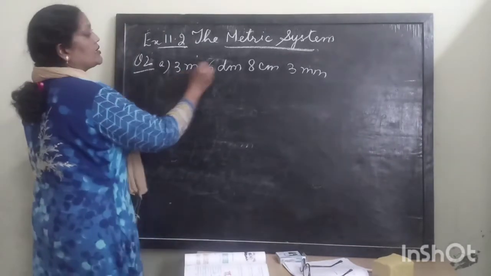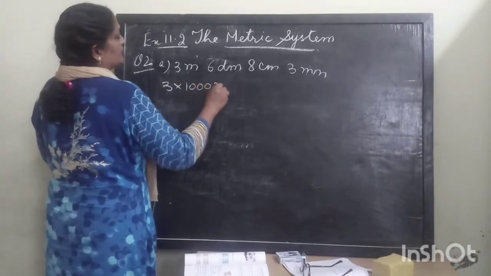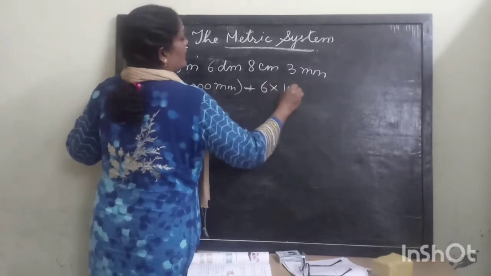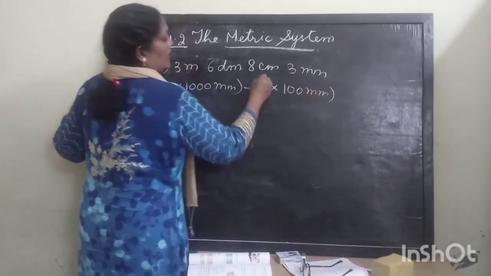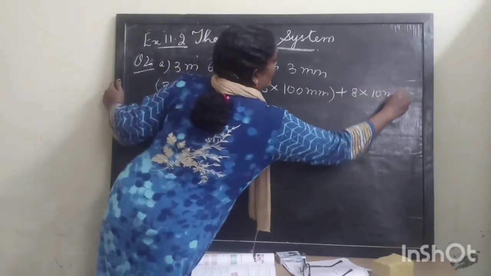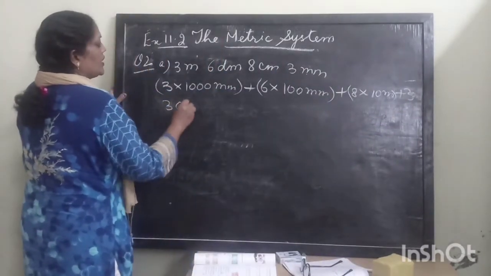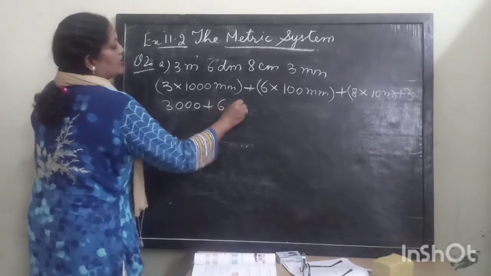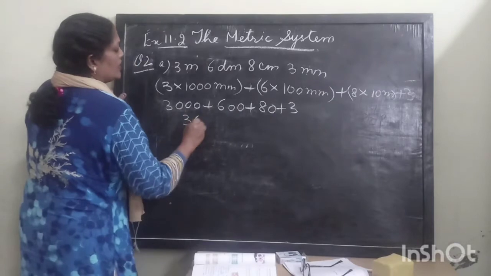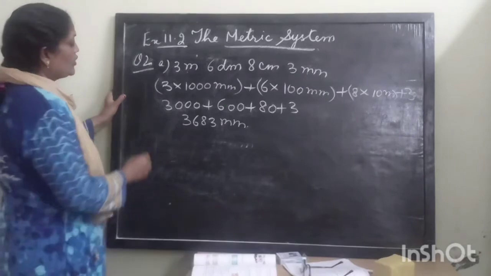Again 1 meter is 1000 millimeter, 3 into 1000 millimeter. Then 1 decimeter is 100 millimeter, 8 centimeter is 10 millimeter each. Plus 3 millimeter, no need to change that. 3000 plus 600 plus 80 plus 3. 3683 millimeter.